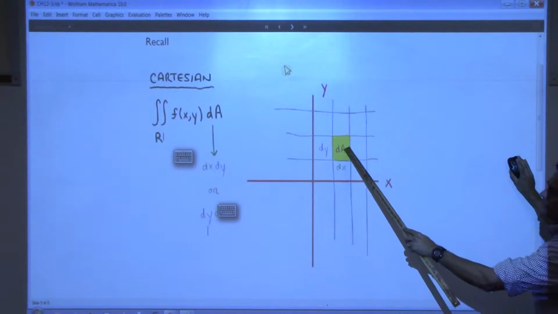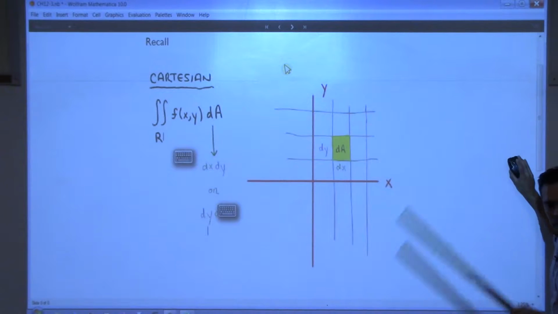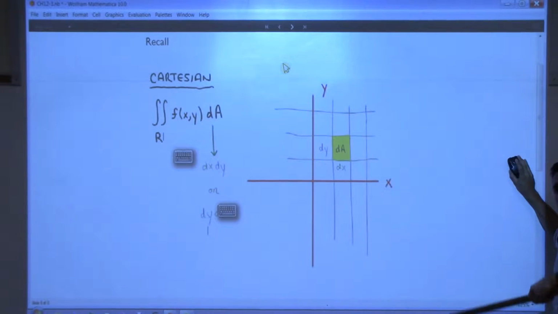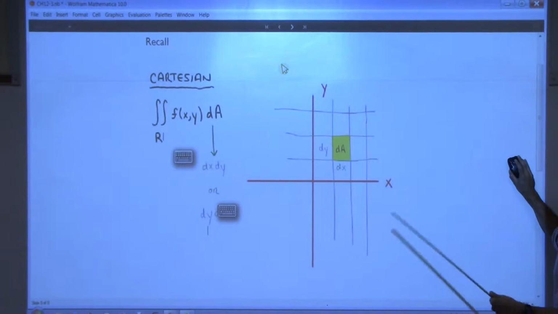And this little dA is a rectangle in Cartesian. So if we do a double integral in polar coordinates, our dA is going to have to be a rectangle in polar coordinates, which we just saw what that looked like.